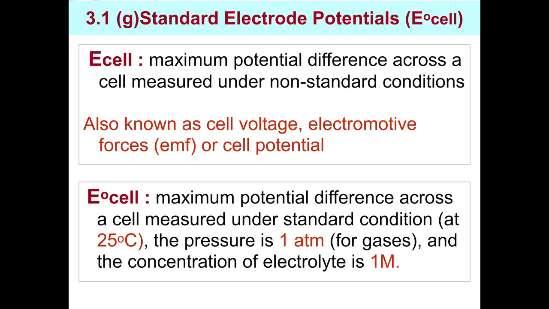However, if E° cell is involved, the definition is the maximum potential difference across a cell measured under standard condition at 25 degrees Celsius, 1 atm pressure, and 1 molar concentration of electrolyte. So the difference here is E cell is measured under non-standard conditions, while E° cell is measured under standard condition.